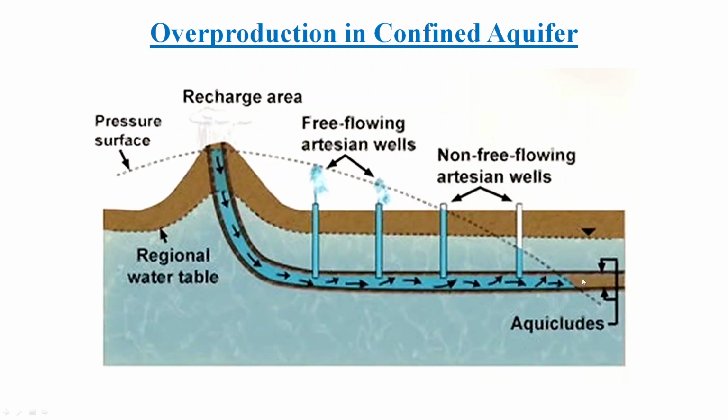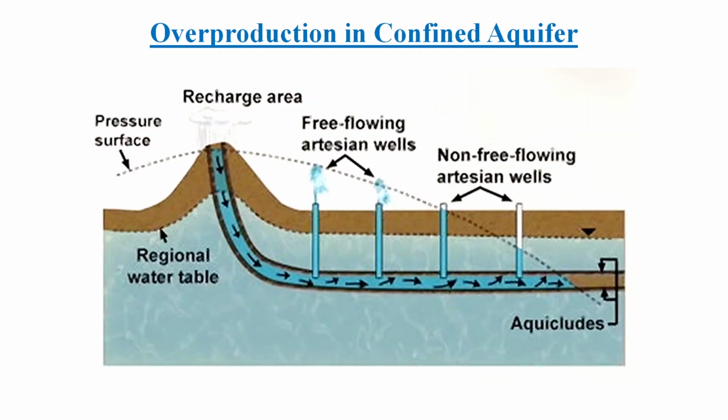And if it is beyond the piezometric surface, then remember that this part of the aquifer will be devoid of any groundwater. So you have not only exhausted the unconfined aquifer, you have now started to deplete the confined aquifer as well.